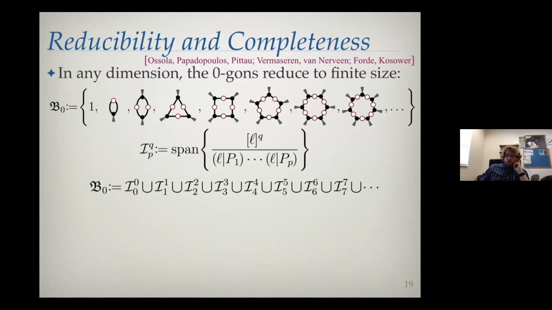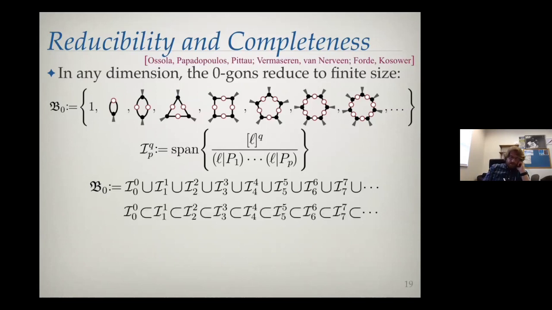And just as before, we have a sequence of inclusions. Because as it's easy to see, this vector space includes the element 1. And this vector space includes the element 1 and also single collapses. So these things have the same kinds of sequences of inclusions that we saw before.